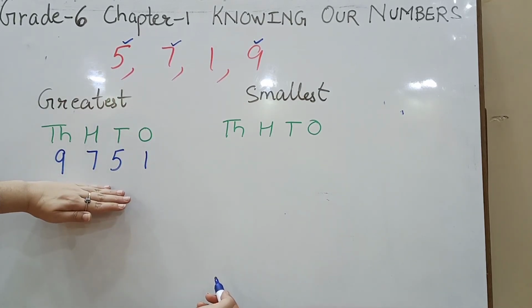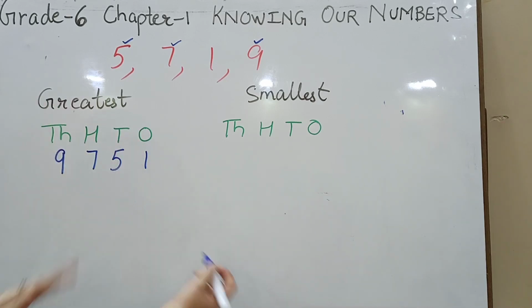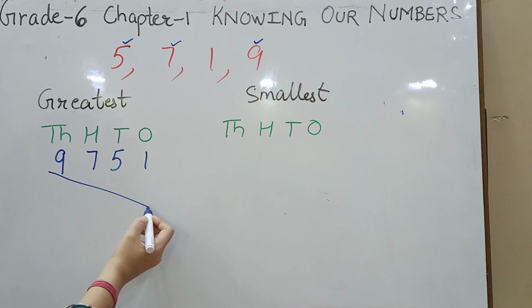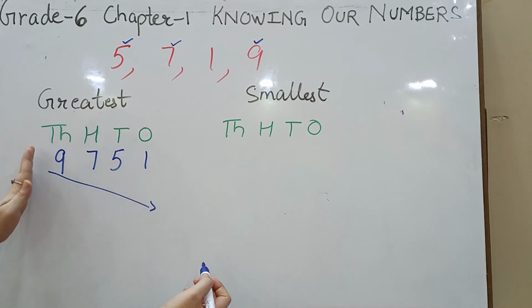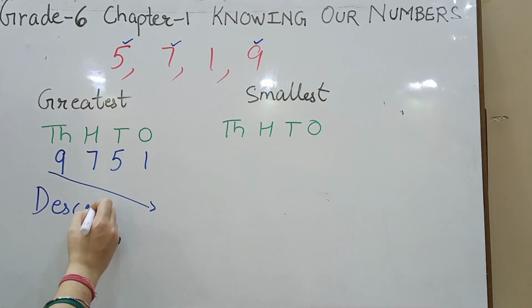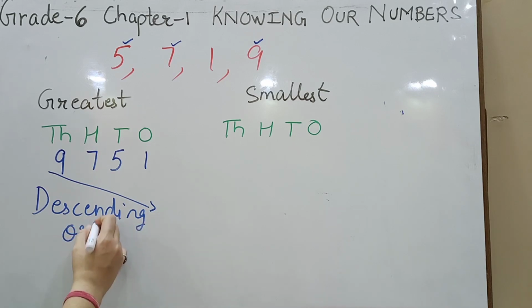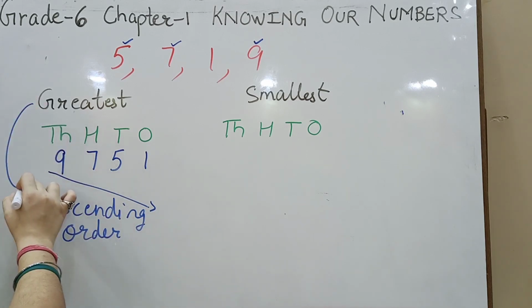So for the greatest number, as you can see, we have arranged the numbers in descending order. हम बड़े से छोटे पे जा रहे हैं. So when we are moving from big to small, from the greatest to the smallest, that is called descending order. So always remember, whenever you are forming greatest numbers, तो order क्या होगा आपका?